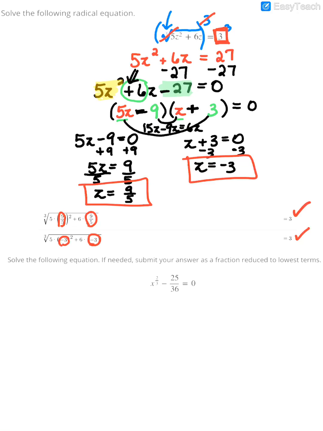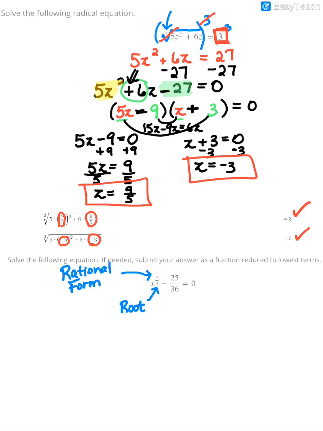Okay, so on this next problem, don't let it confuse you if they write it in what we call a rational form. Even when they write it in a rational form, there still is a root. And so the root is always the number that is on bottom.